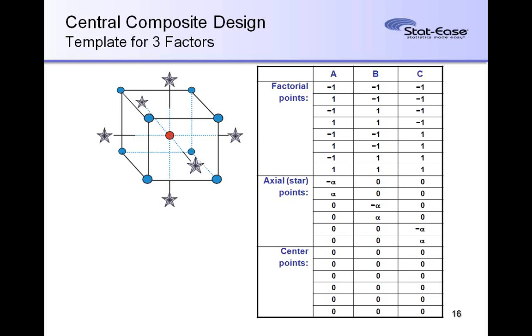Those center points, just to comment about those also, are really critical, and we also randomize those amongst the factorial and axial points so that we get a good estimate of the random process variation in our experiment.